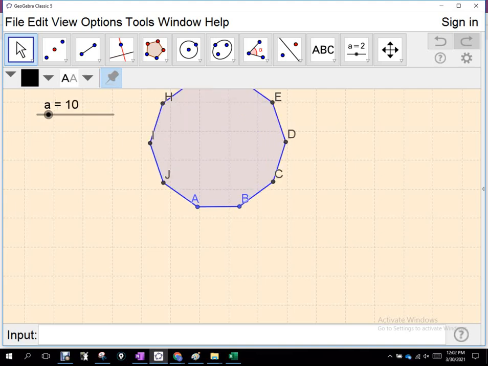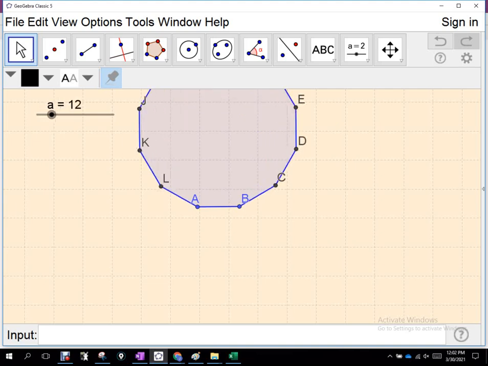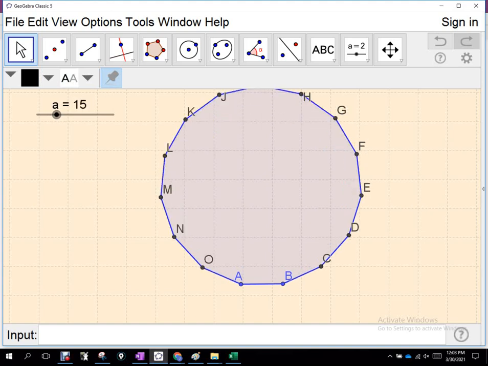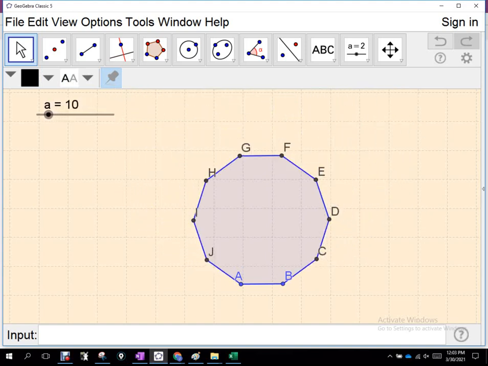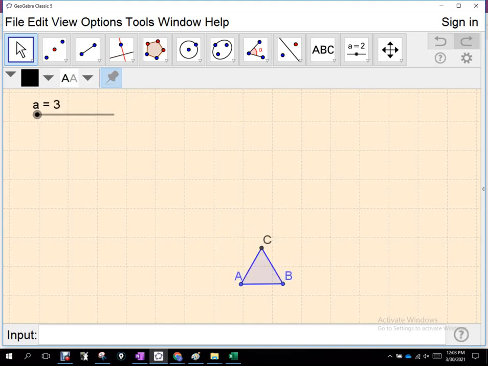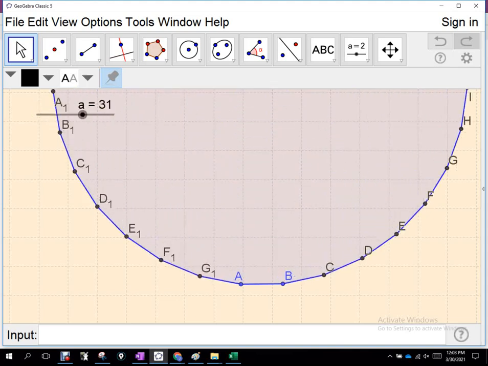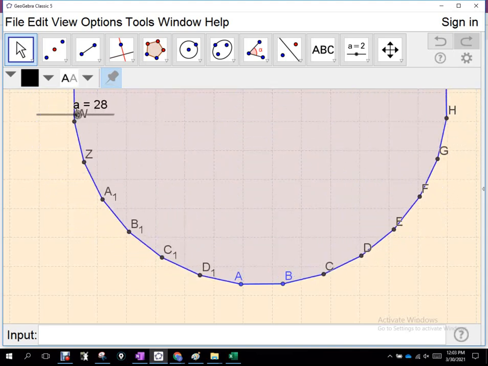nonagon, decagon, undecagon, dodecagon, tridecagon. Okay, we got all of these different shapes. We can find the area of all of these. Okay, with how many formulas? 1. Okay. Is that much better than having an individual formula for all of 50 of these?